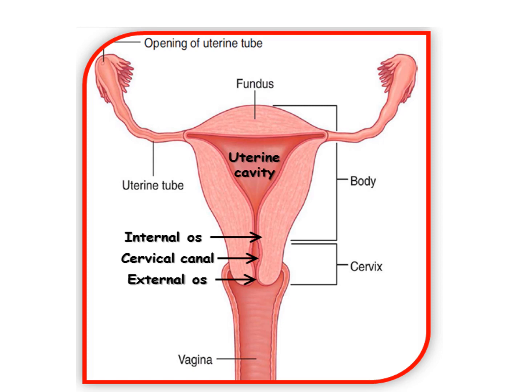Then the cervical canal, and the last part of the cervix is the external os, which is the opening of the cervix into the vagina. Through the external os, cervical canal, and internal os, this is the pathway of the sperms to enter the uterine cavity.